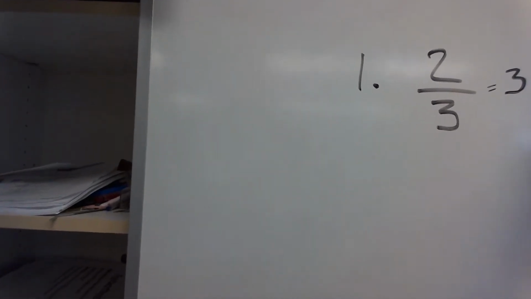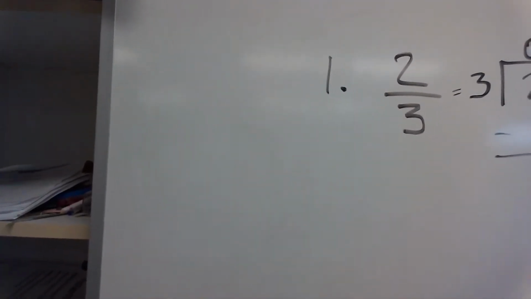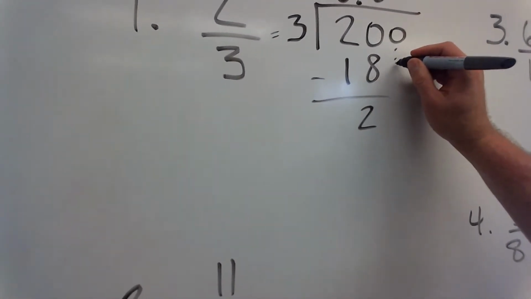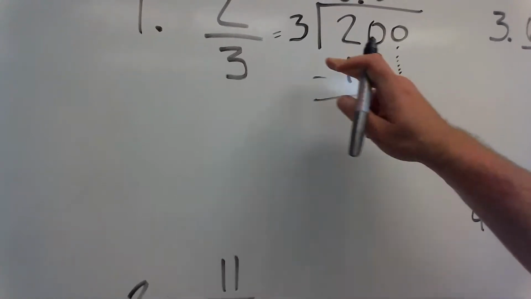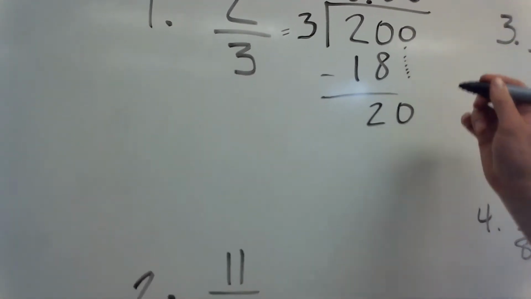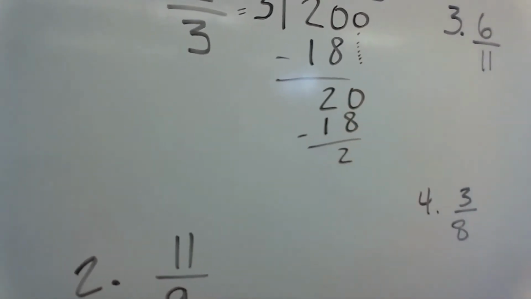6 times 3 is 18. We subtract it, we get 2. Add a 0, bring it down. 3 goes into 20 again, 6 times. 6 times 3 is 18. And again, we have a difference of 2.